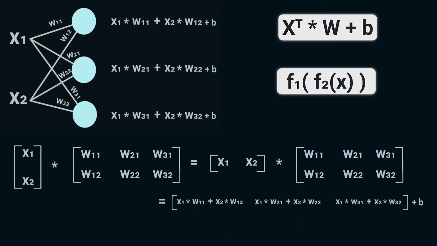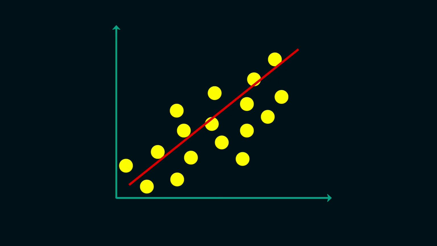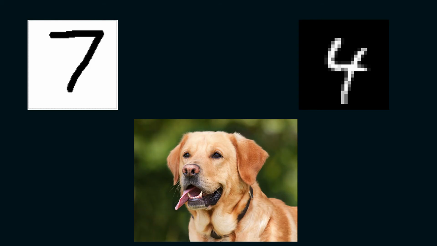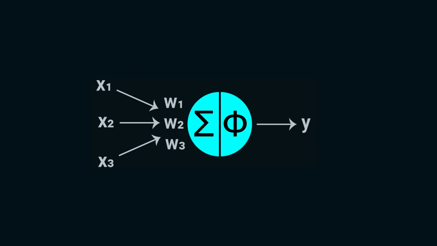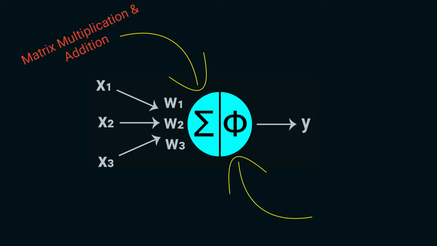Now, matrix multiplication is a linear operation, so these neural networks can learn relations effectively from the data which are linear. But most of the time, real world data are non-linear. So, to make our neural network suitable to real world data, we need to introduce non-linearity. And the way we do it is by using an activation function, specifically a non-linear activation function.